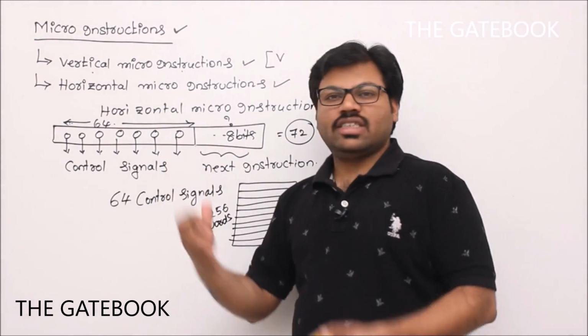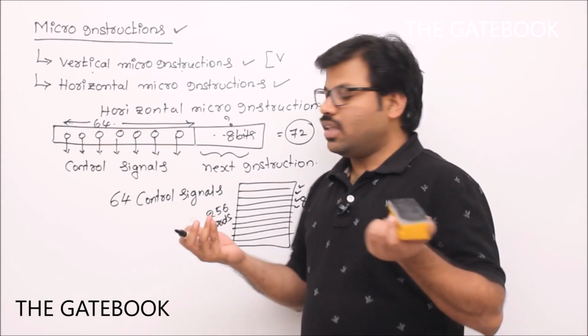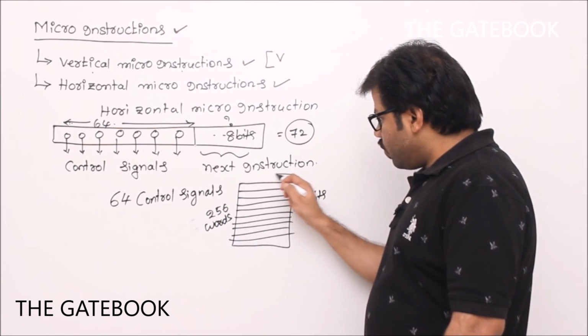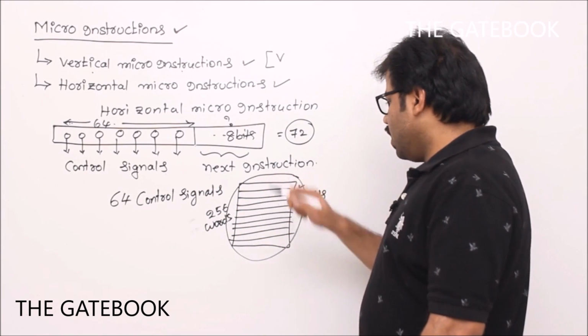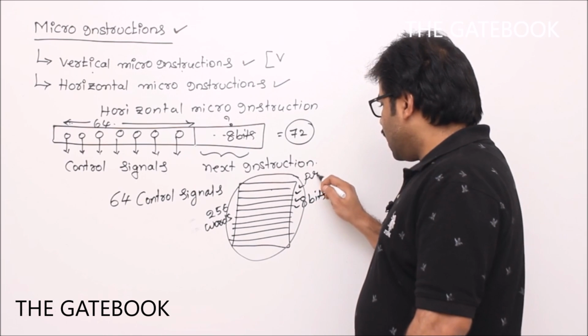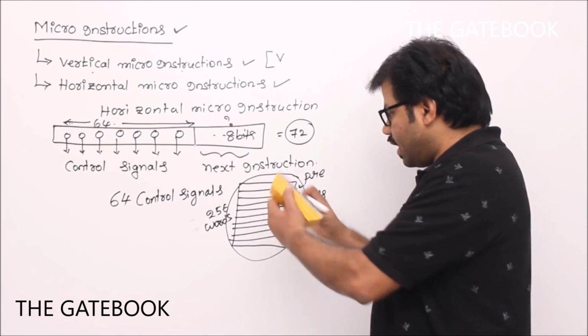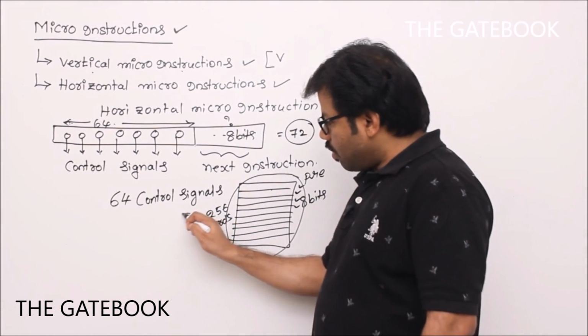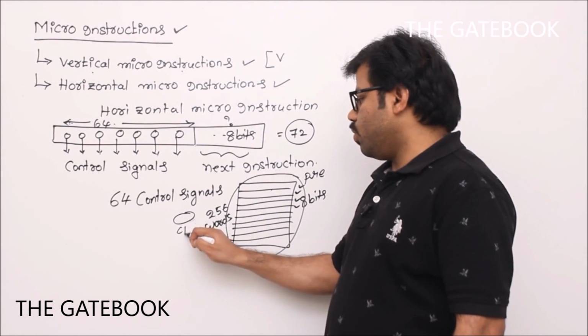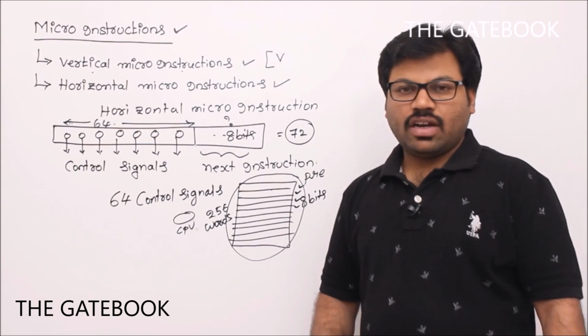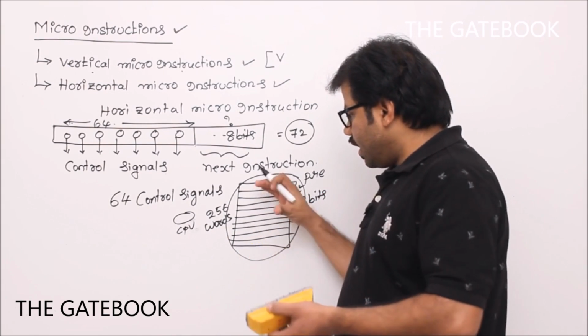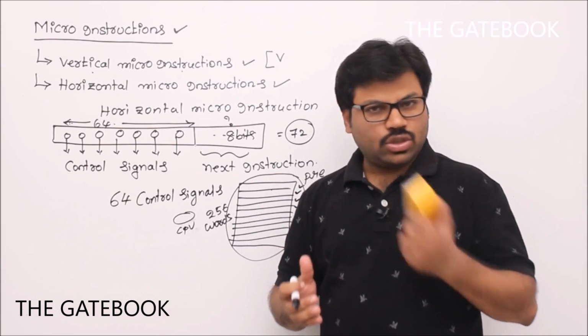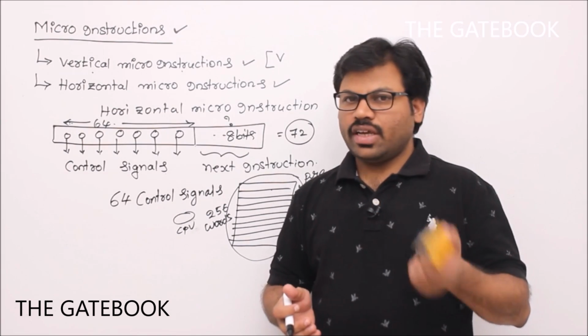Can we reduce it? That is the question. If you can reduce it, then probably we can reduce the space of this memory, because this memory is precious. We are going to embed this entire memory in a small chip which is close to the CPU. We are not storing this data in main memory, and we are not storing it in disk.